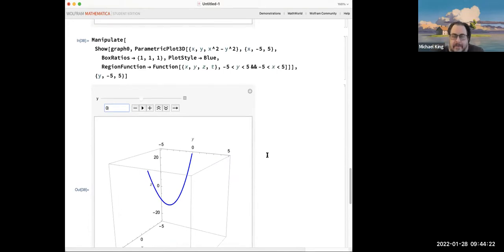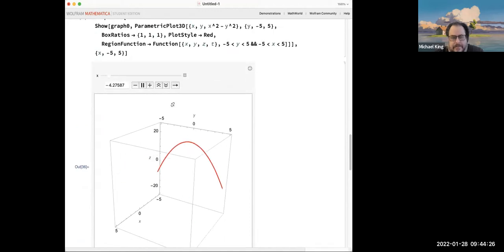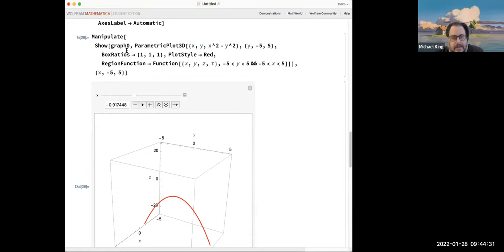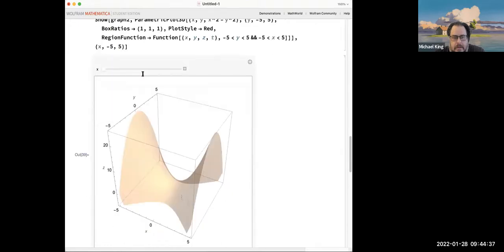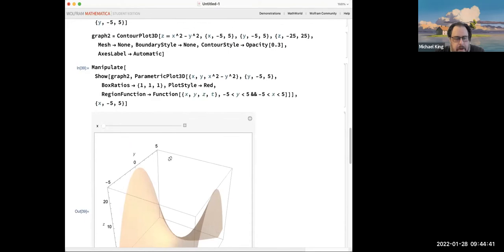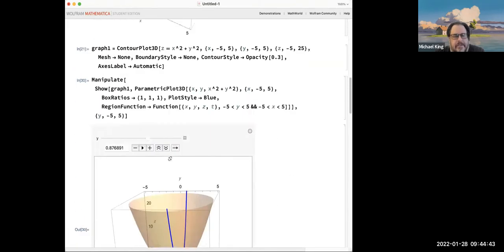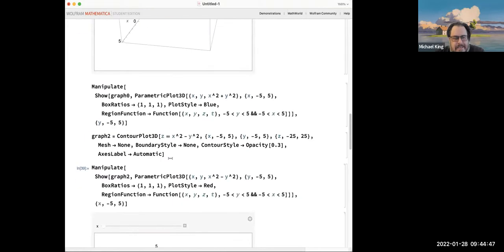Can you picture it? Maybe I should just say, try in your head to picture what the total surface looks like. I put that graph too. It looks like, oh, sorry, I need to change this.